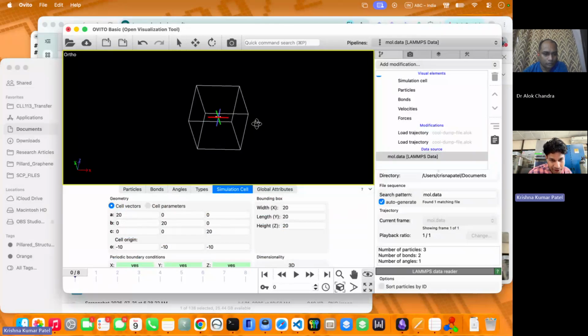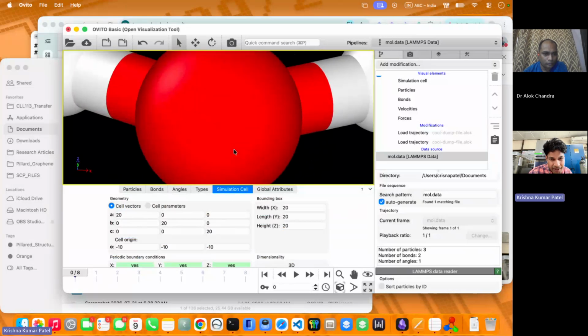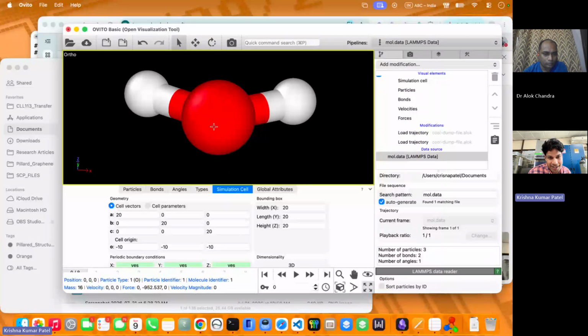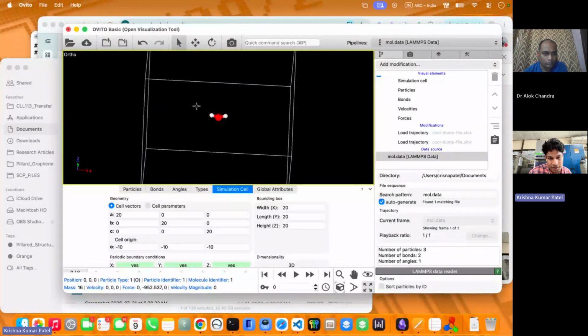So the box dimension is definitely bigger. We know that. Our data file has a very small bond distance between these two atoms, right? And the moment integration proceeds, our force field wants to keep this distance very huge, like 1 nanometer away. Let's look at the next frame.